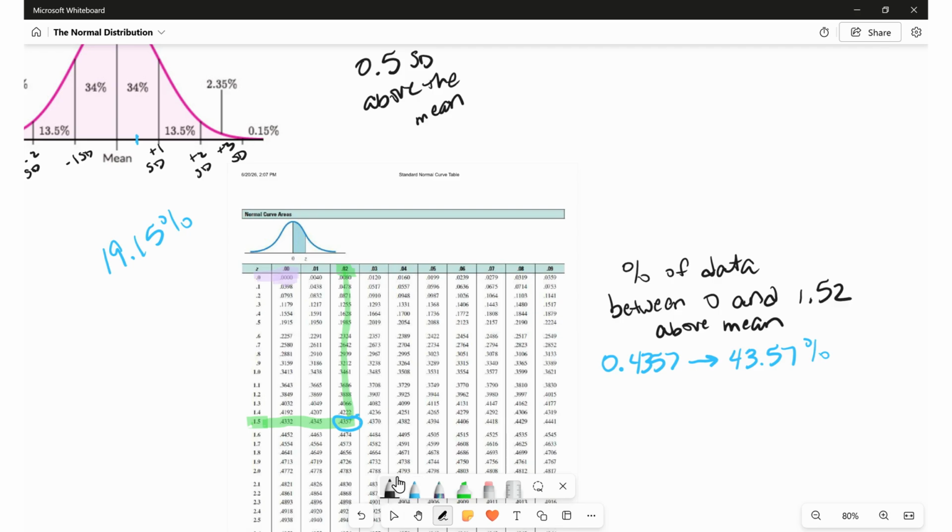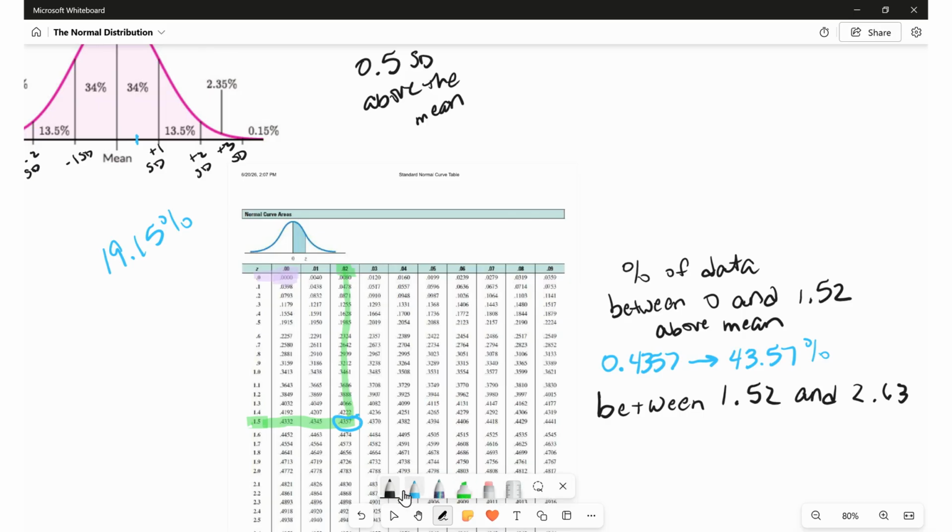Okay. Let's find, how about this? Let's go between 1.52 and 2.63. Okay.